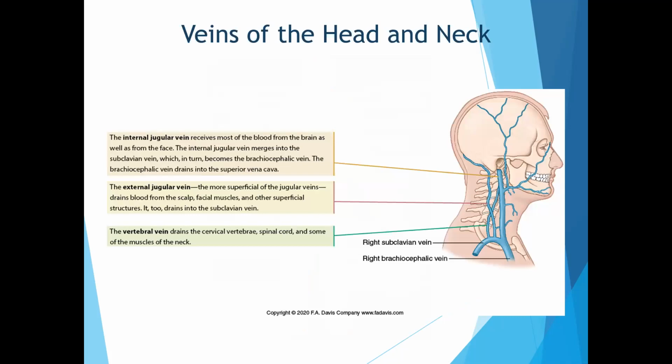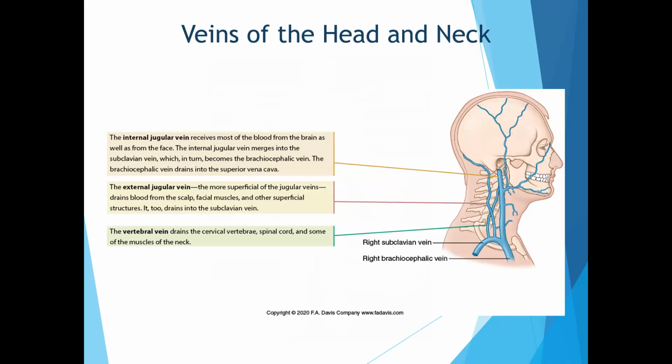All right, so just like the arteries of the head and neck, I would like you to understand the principal veins of the head and neck. The internal jugular vein gets most of its blood from the brain and the face, and that's going to go down and eventually merge with the superior vena cava. The external jugular vein, rather than getting blood from the brain and face, drains the scalp, facial muscles, more superficial stuff.